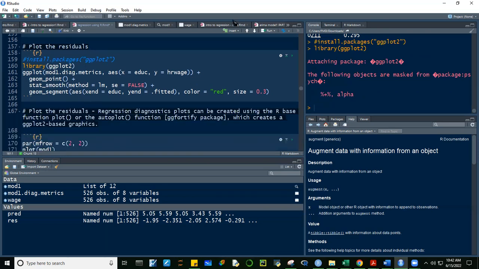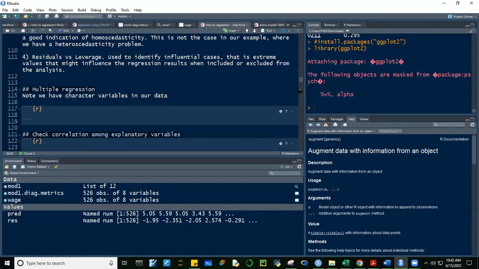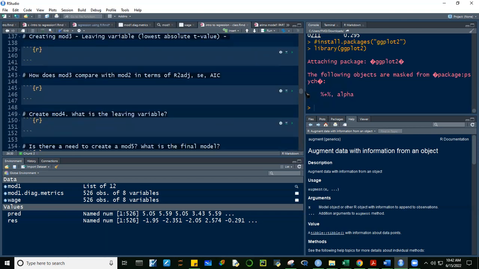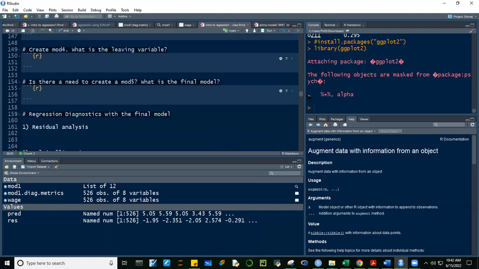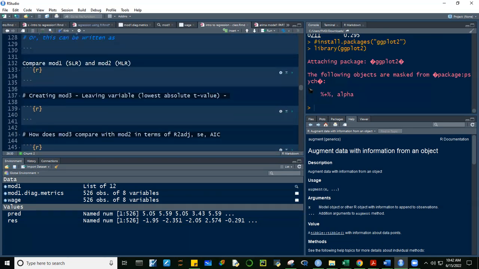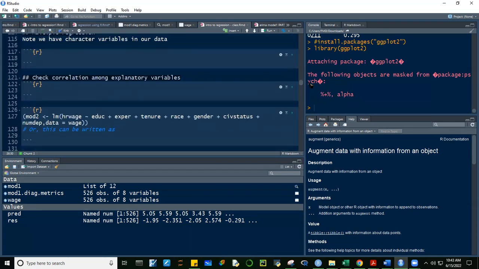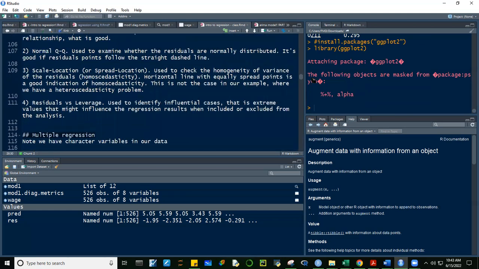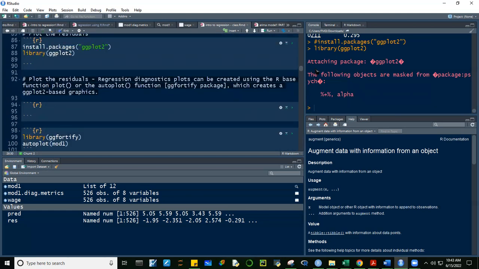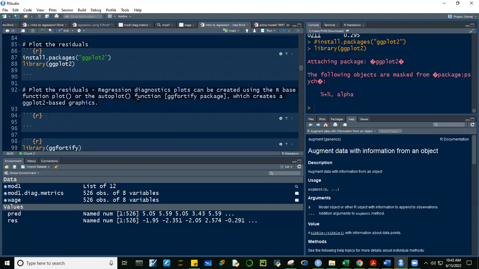Okay. Sandali ha. Do you have this? Okay, plot the residuals, hindi ko pala linagyan. Sige.